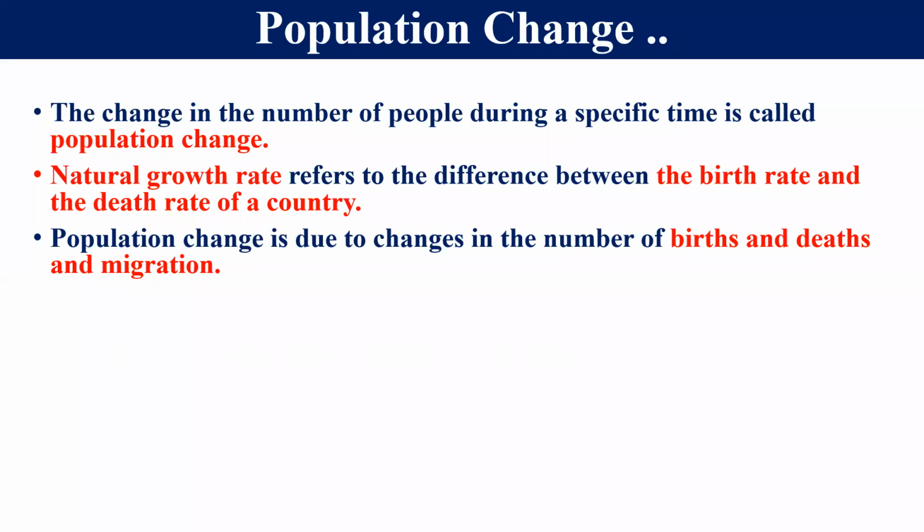Okay, dear students, if we think about India, there is a very rapid growth rate of the population in India, and from 1951 to 1980, the growth rate was very high. But after 1980, some steps were taken by the government. Also, some awareness programs were started by the government.